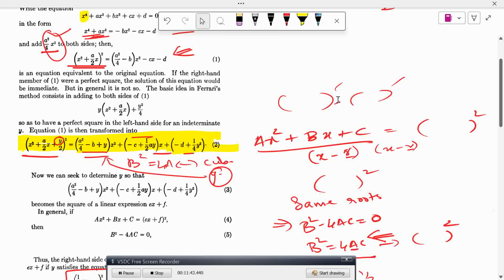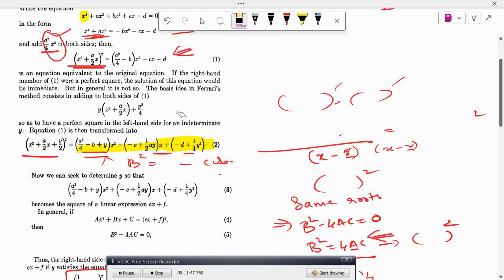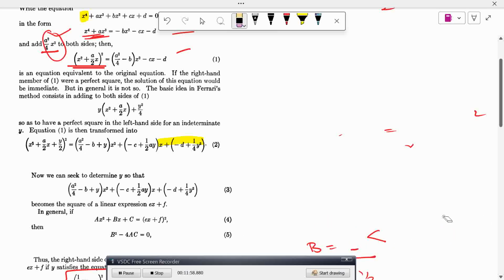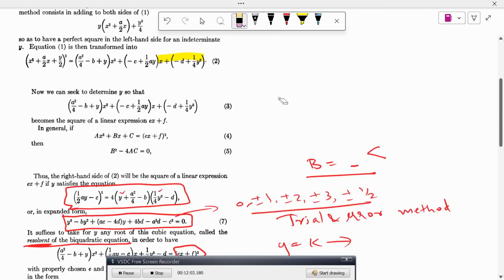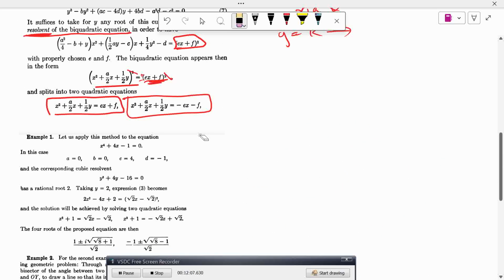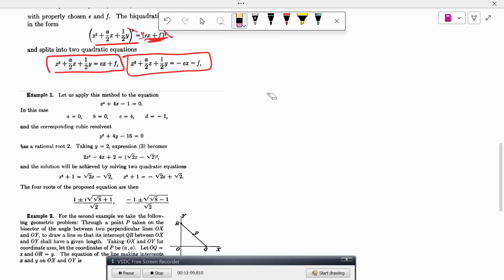Okay, so let us consider an example. Okay, let me rub this. So this equation is a biquadratic equation.